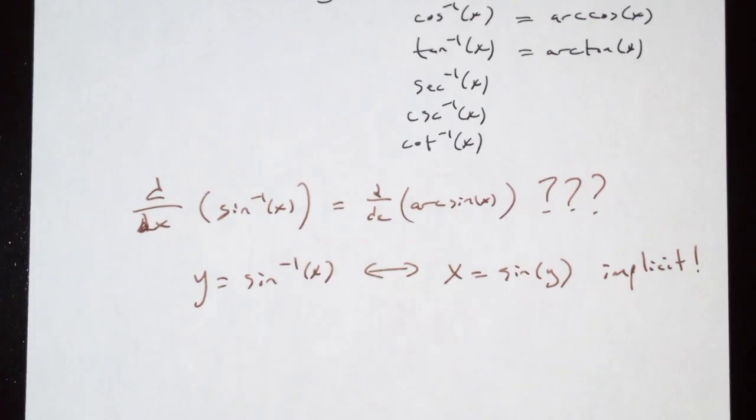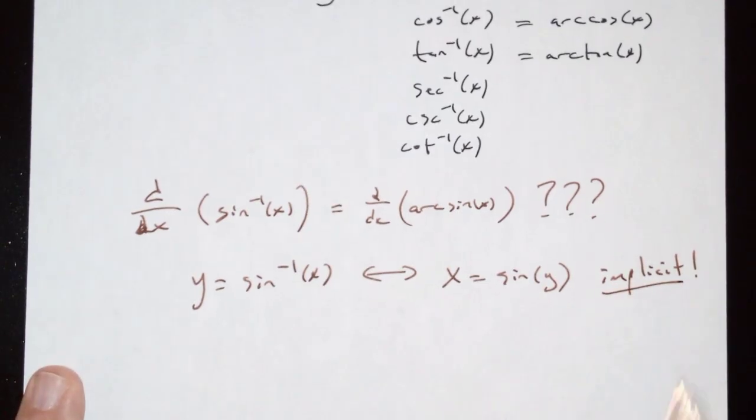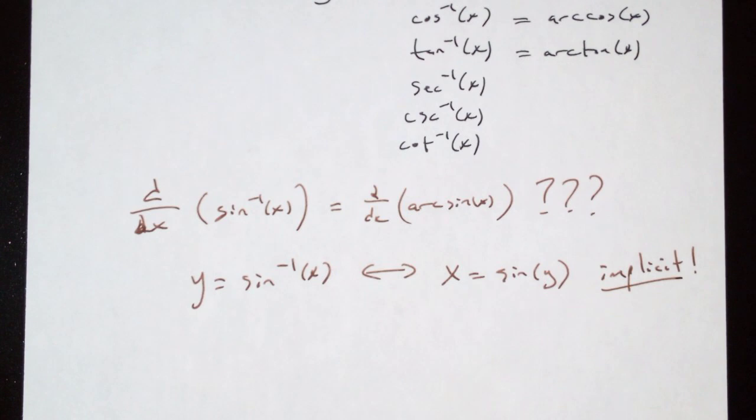I'm basically done. Take the derivative here. How do I take this derivative? Using my implicit rules. What's the derivative of x?